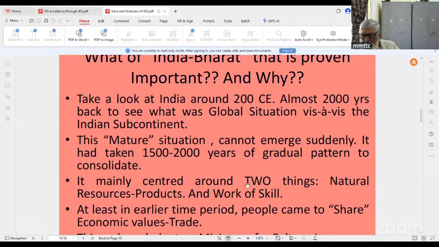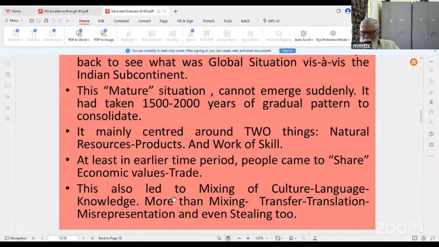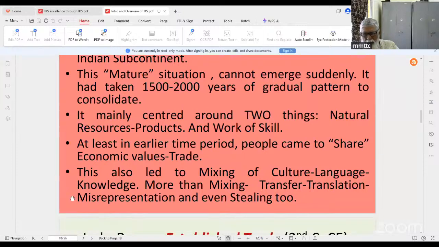It mainly centered around two things: natural resources and products. And the products came from work of skill. And it was sharing, which was basically economic trade. But this trade also led to mixing of culture, language, knowledge, more than mixing, transfer, translation, misrepresentation, and sometimes even stealing. We'll come to that.